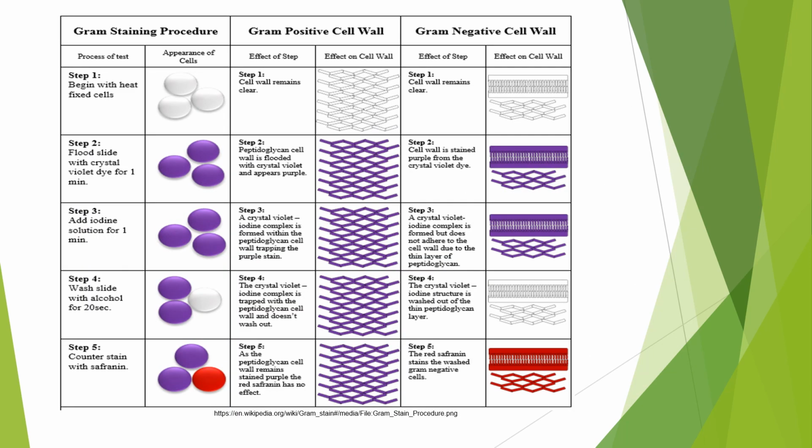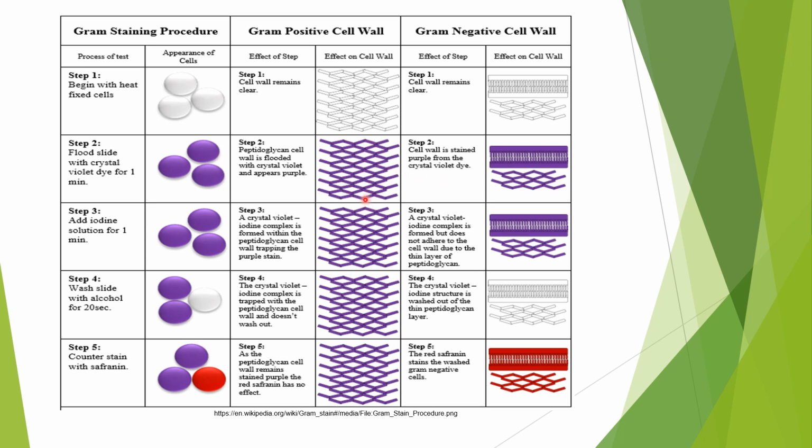Okay. This is a table showing you the steps of the gram stain one more time. So one more time, you start off with clear cells. You add your primary color, the crystal violet. They're both going to accept it.